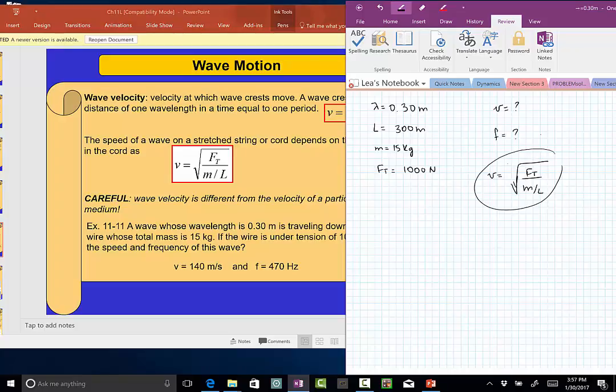Once I have this speed, they ask me the frequency. So then I can use the equation for the wave velocity, which is wavelength multiplied by frequency. I have the speed, I just obtained it. I have the wavelength, it's 0.30, given to us here. So then we can find the frequency.